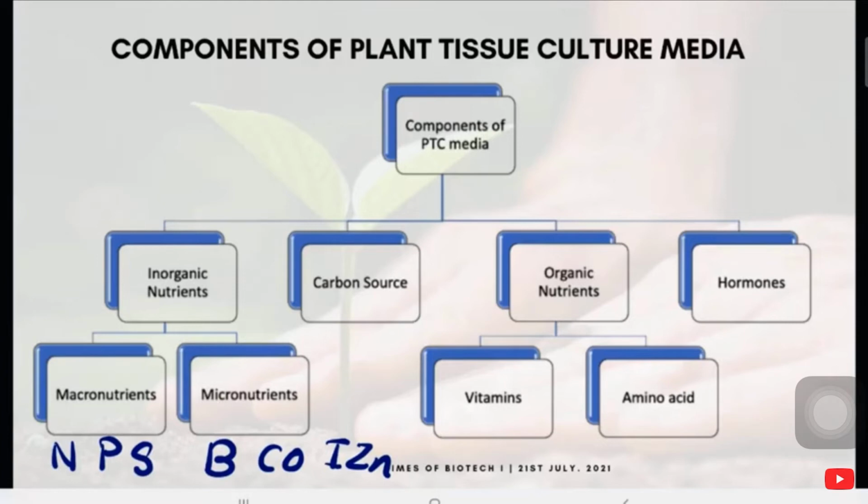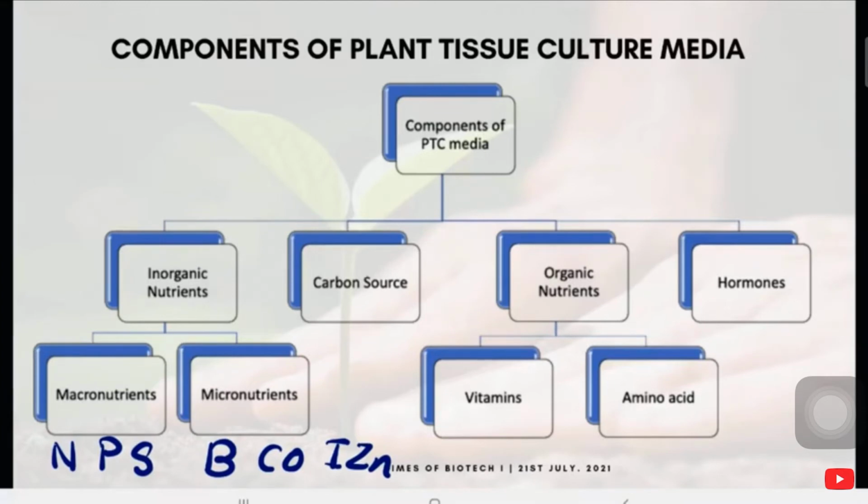In the same way, micronutrients such as copper play a role in electron transfer reactions. Zinc has a role to play in chlorophyll biosynthesis, and so on. So we can see that they are very much essential for plant growth even in artificial conditions.